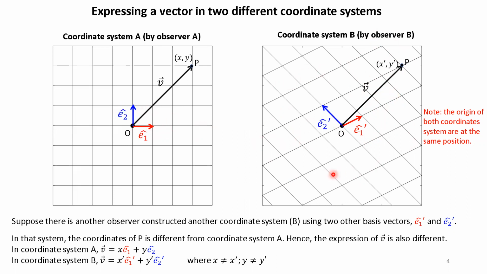Then here you can see how these coordinate grids are different from what we had before. One set of grid lines goes along e1 prime, and the other set of grid lines goes along e2 prime.